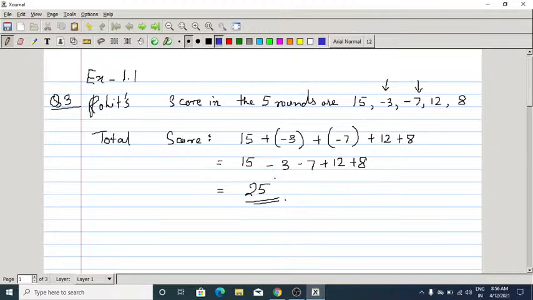Same thing for team B, team B's score in 3 rounds and the total score obtained by team B. Then you add them and compare them. Whoever is more, that team is going to win, and if they are equal, then you will write it with an equal to sign. Okay, and then you will say that in this question they are supposed to come at par, that is, both the teams are supposed to score equal.